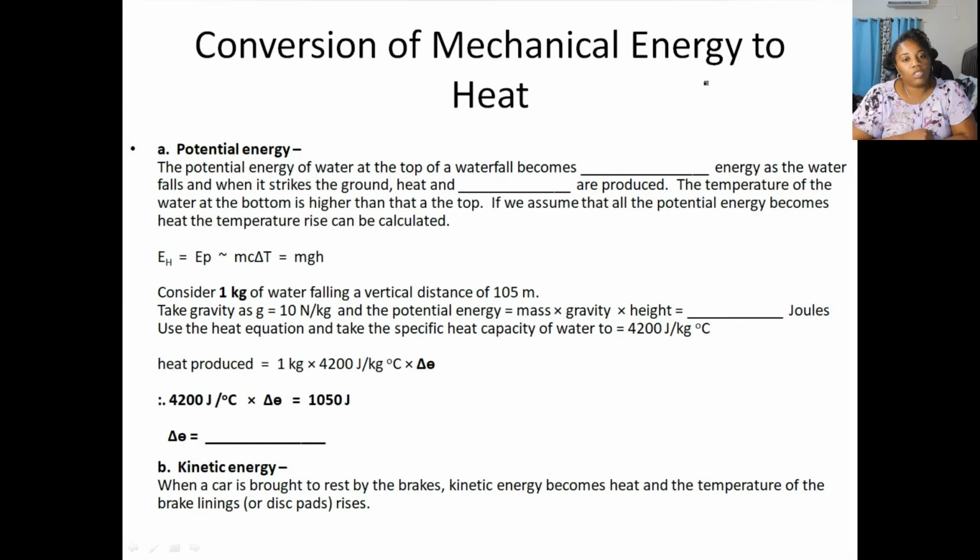Now, potential energy, conversion of mechanical energy to heat. The potential energy of water at the top of a waterfall becomes dash energy as the water falls. So yes, correct, it becomes kinetic energy.